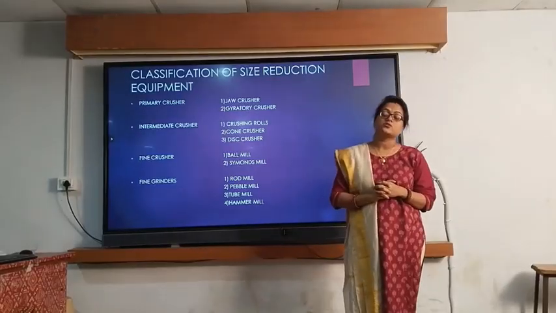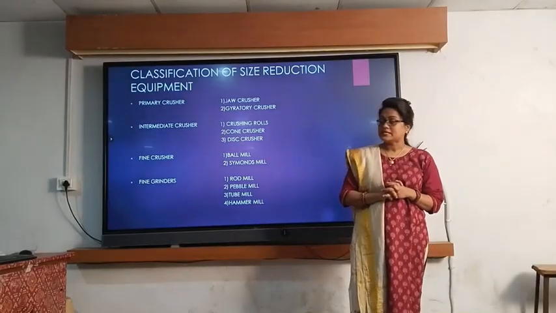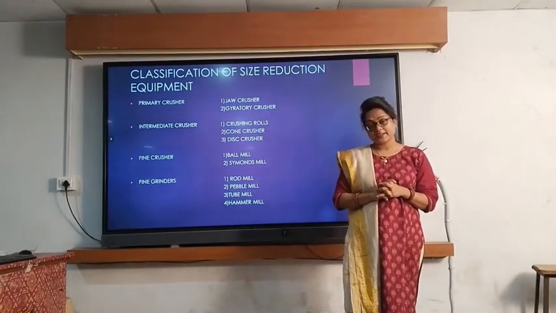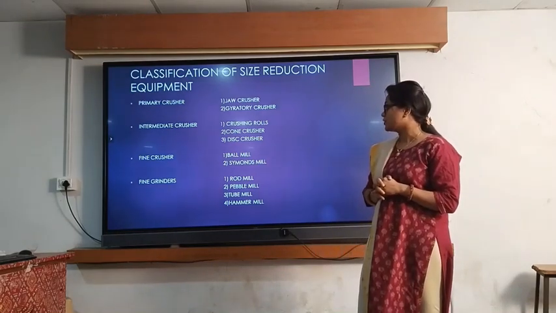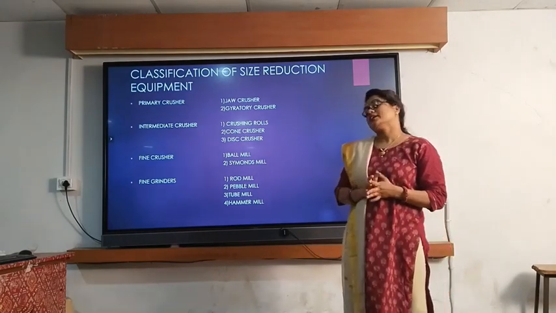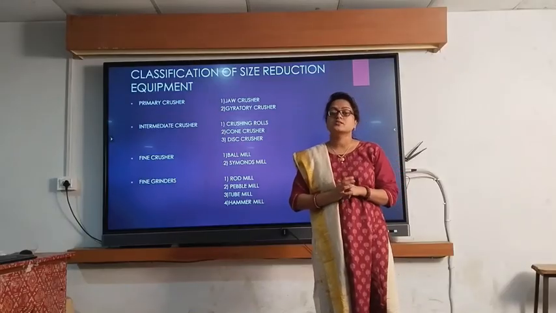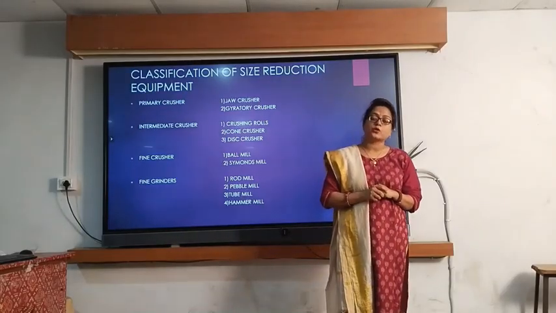The fine crusher is divided into ball mill and cement mill, and the fine grinders are further classified into rod mill, pebble mill, tube mill, hammer mill. These are the different equipment used for the size reduction process.